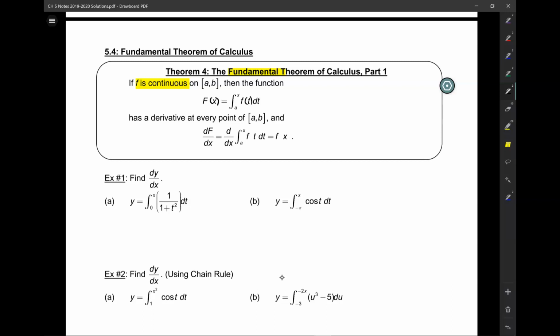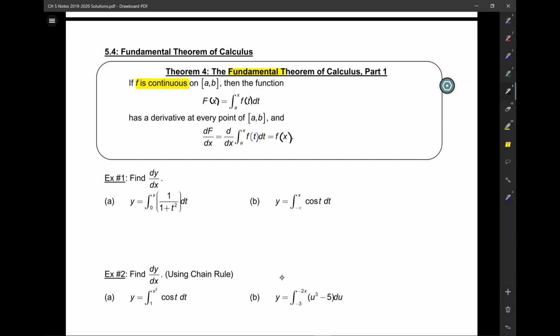Not only that, when I take capital F of x and I take the derivative of it, then that's the derivative of the integral, and that's just f of x. So this is the fundamental theorem of calculus, part 1, okay?